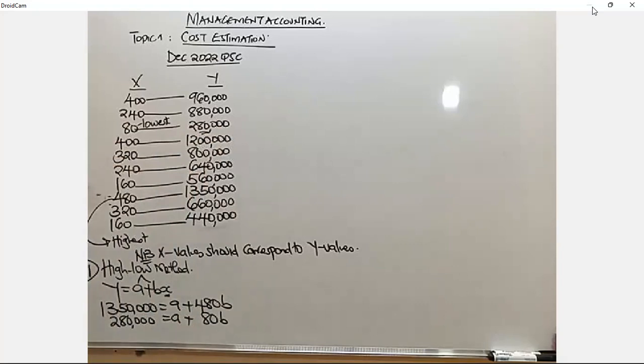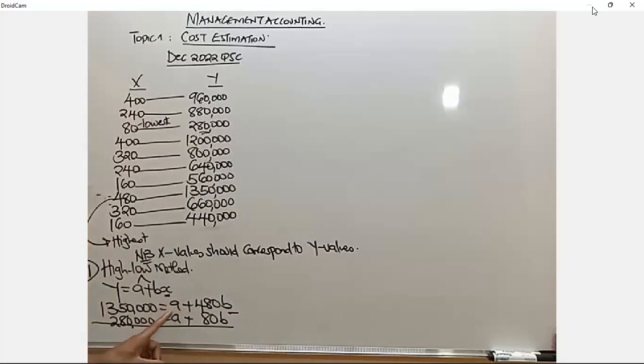Under cost estimation, you can use different methods, like substitution or elimination. But in this case, I will teach one: elimination. Elimination is subtracting and removing one of the unknowns. We solve one unknown, and then we come back and substitute for the rest.